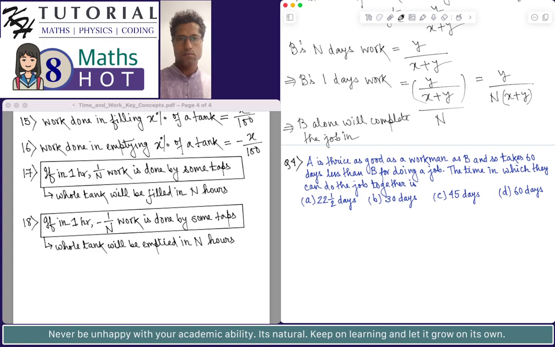So y by n into (x plus y) can be written as 1 by n into (x plus y) divided by y. So now we can say that B alone will complete the job in n into (x plus y) divided by y days.